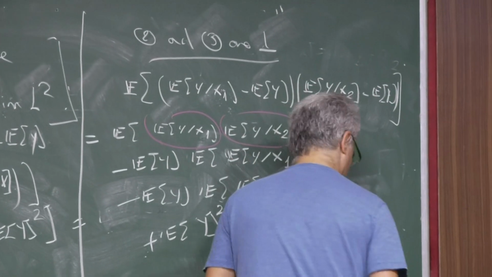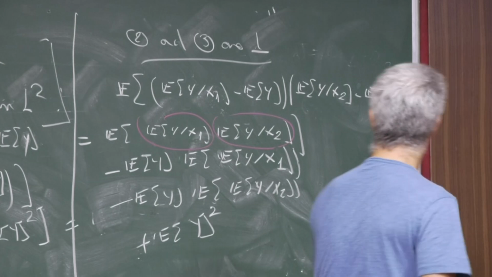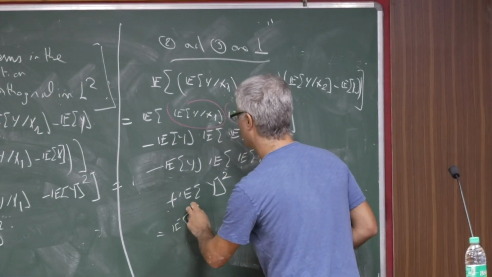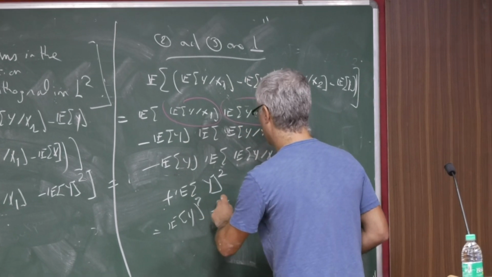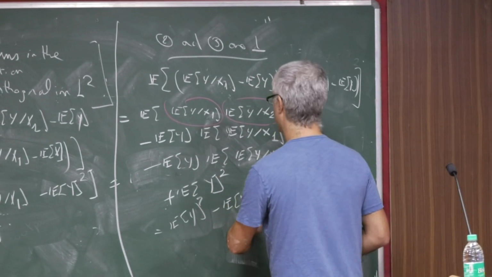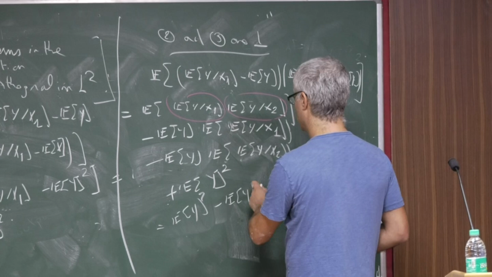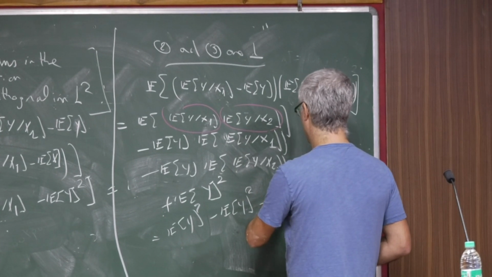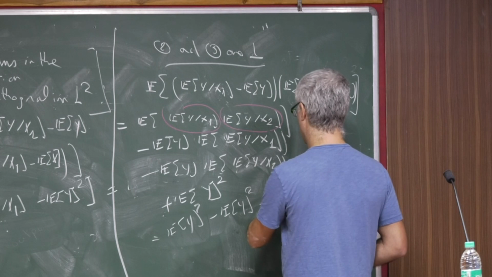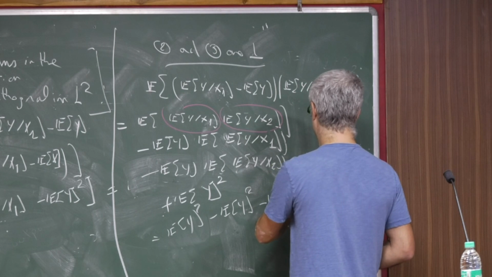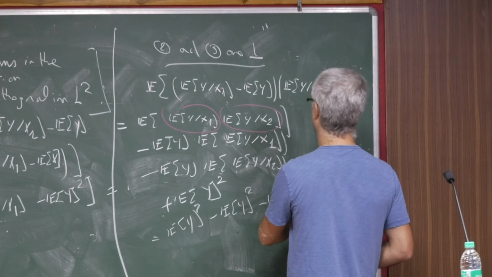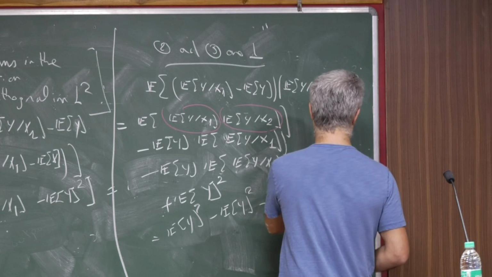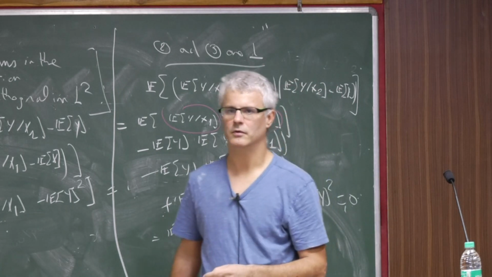Okay, so at the end, what you will have is E of y square minus E of y square, that would be 0, okay?